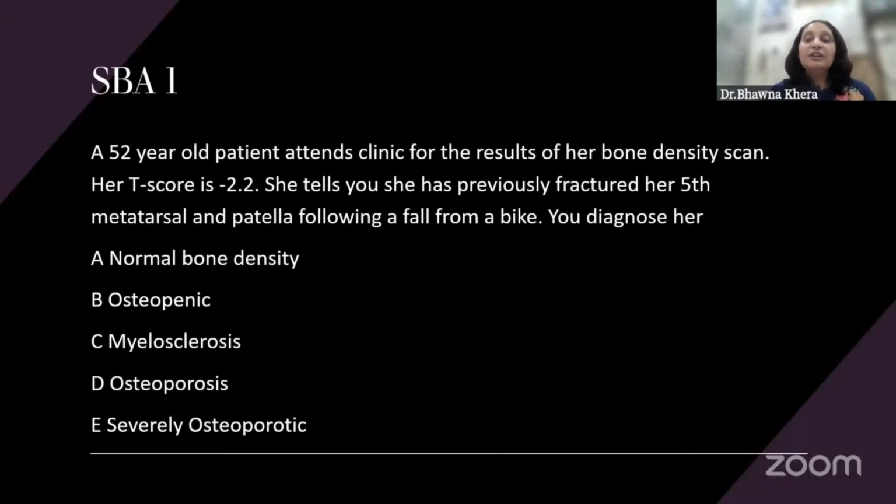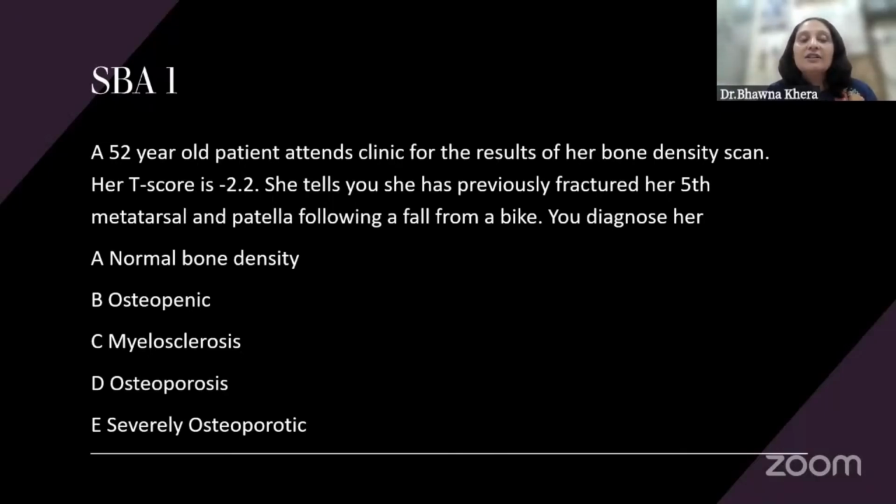Her T-score is -2.2. She tells you she has previously fractured her 5th metatarsal and patella following a fall from a bike. So what is your diagnosis?